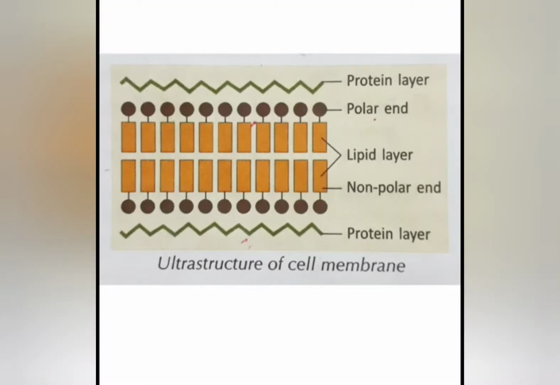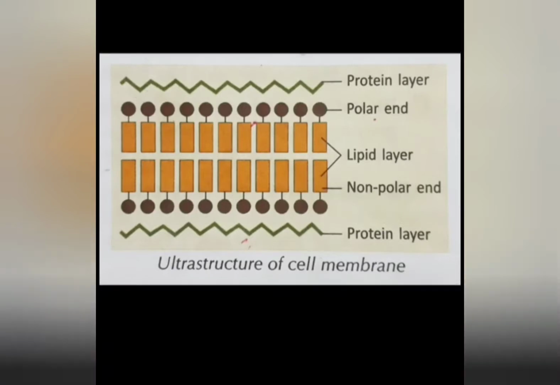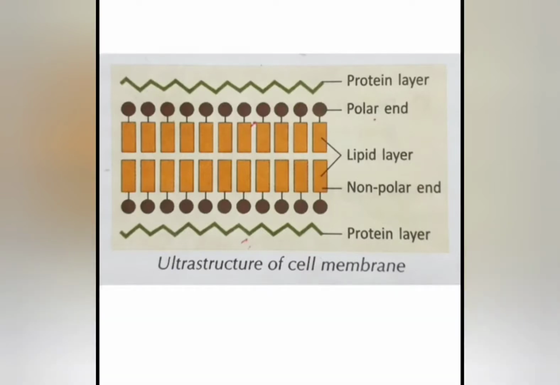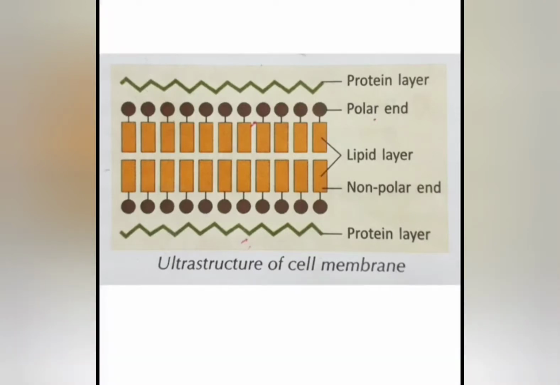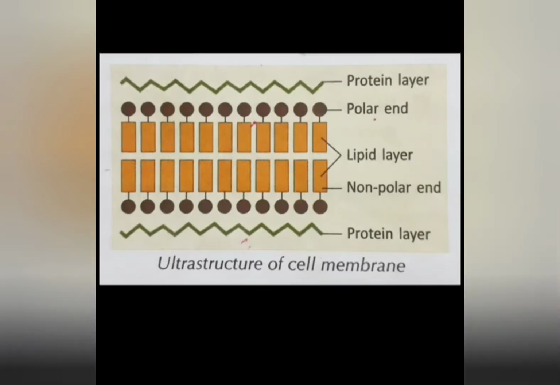Then you can see the circular head-like structures on the lipid layer. Those are the polar ends of the lipids, and the yellow parts are the non-polar tails of that layer. The polar head, that brown colored polar end, is the hydrophilic part, philic meaning loving something, and hydro meaning obviously water.